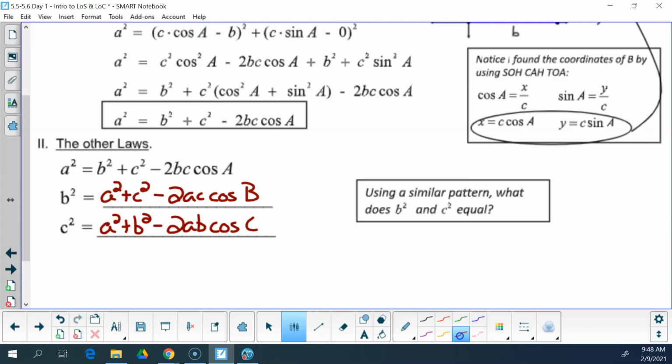Okay? Don't necessarily waste your time on the actual law of cosines. Memorize the pattern. Okay? It's always Pythagorean theorem, a squared plus b squared equals c squared, or a squared plus c squared equals b squared, or whatever. It's the Pythagorean theorem part, and then it's minus 2 times each of those sides individually times the cosine of the angle. Yeah?